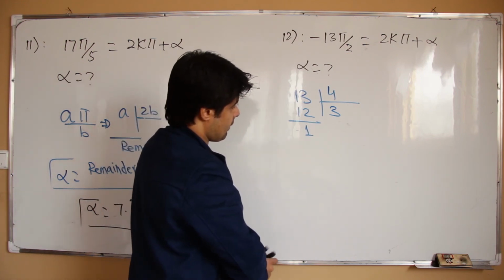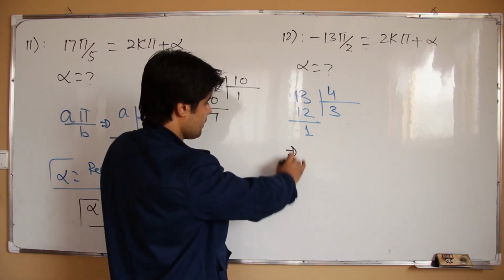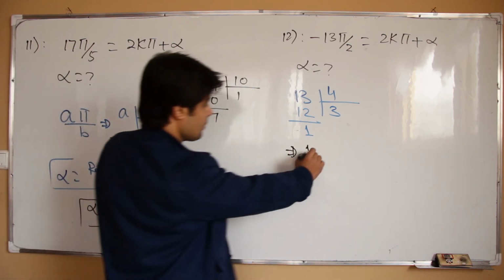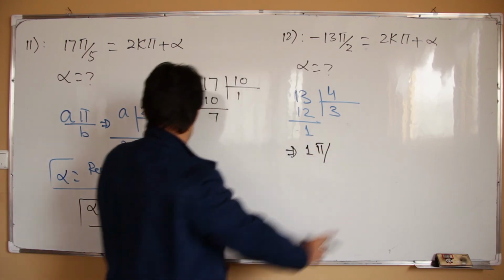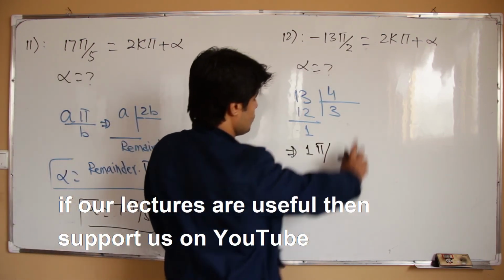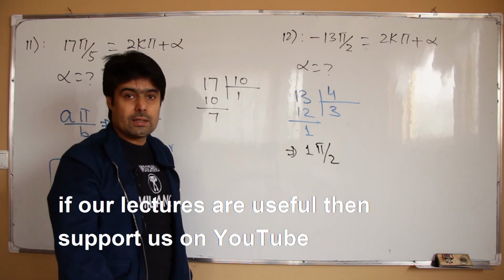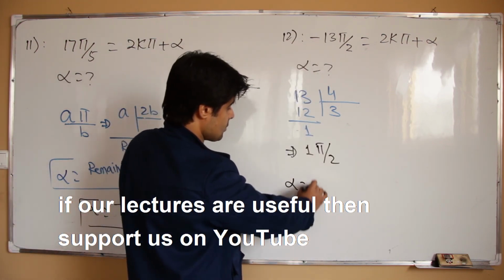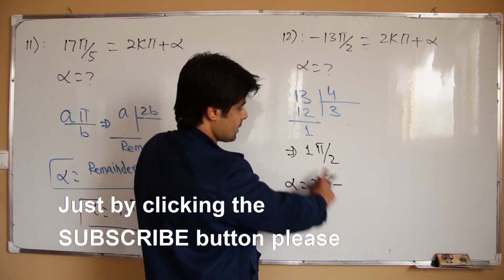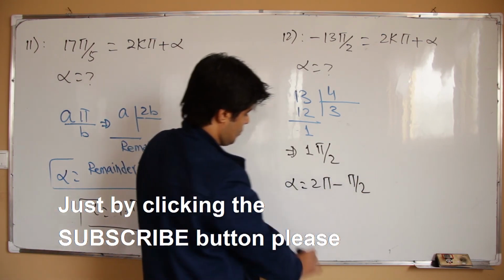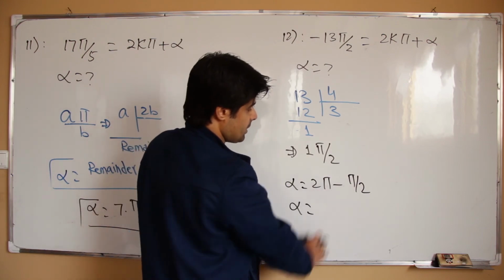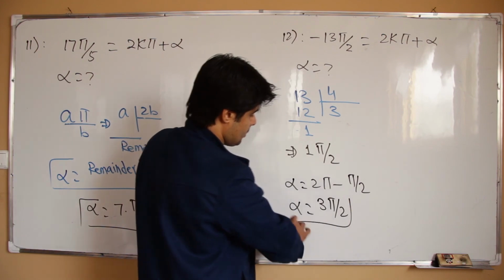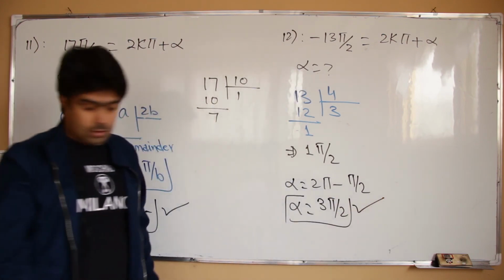Now first the previous alpha is 1 pi divided by b. What is your b? 2. Now this is not your answer. Since your angle is negative, alpha is 2 pi minus this angle, pi divided by 2. Alpha is 2 pi minus pi divided by 2, I think 3 pi divided by 2. This is our correct answer.